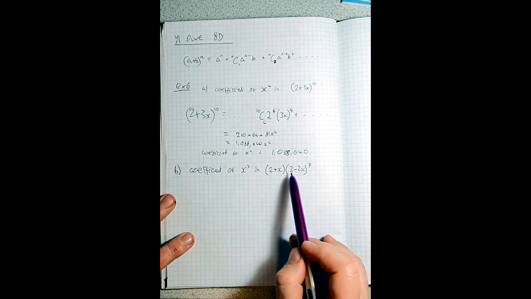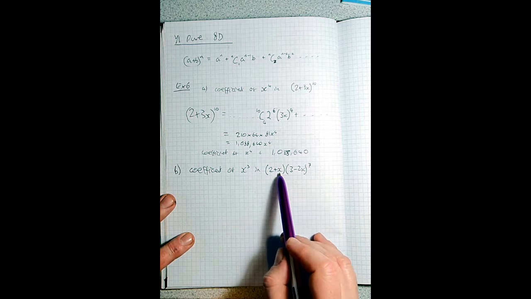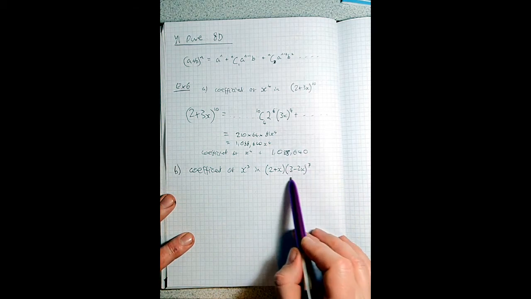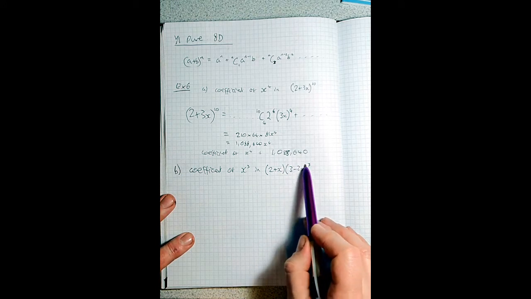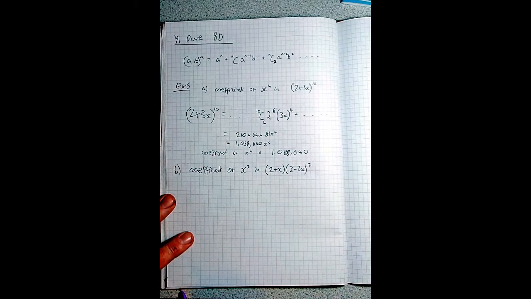So remember what this means: expand it out, multiply through by 2, multiply through by x. So I need the squared and the cubic term of my binomial expansion, and then I'm going to multiply the cubic term by 2, and the square term by x.